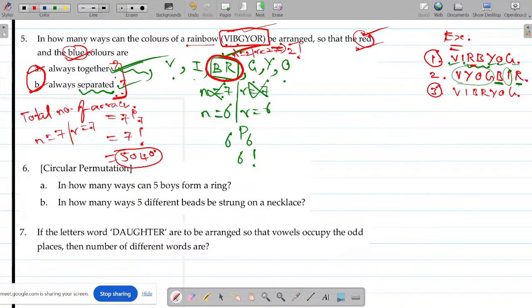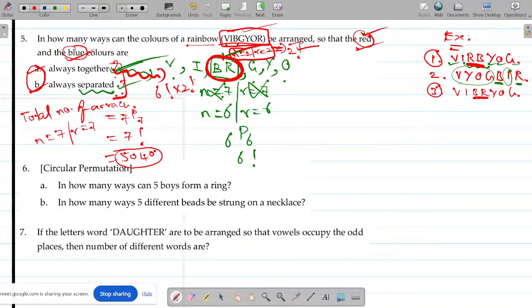In the first case, I have red first, then blue. What happens in the third case? I have blue first, then red. Both are different. So even though I give one place for blue and red, it can be blue-red or red-blue, which has to be internally arranged. So this is taken as n equal to 2 and r equal to 2, which is nothing but 2 factorial. So the number of ways red and blue are together is 6 factorial into 2 factorial.